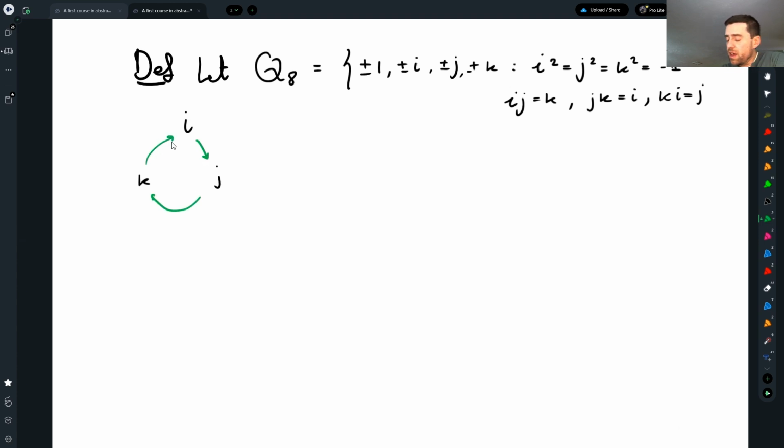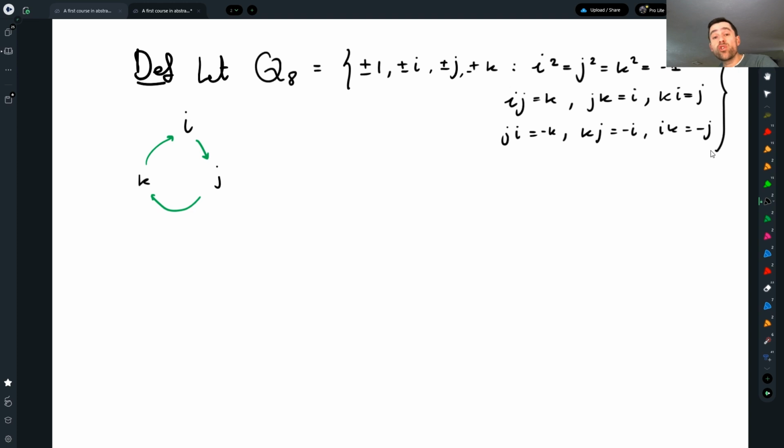So if I multiply i times j, I should get k. j times k, I should get i, etc. And if I go in the other direction, then I get that other letter, but with a negative sign. So j times i is minus k, k times j is minus i, and i times k is minus j.